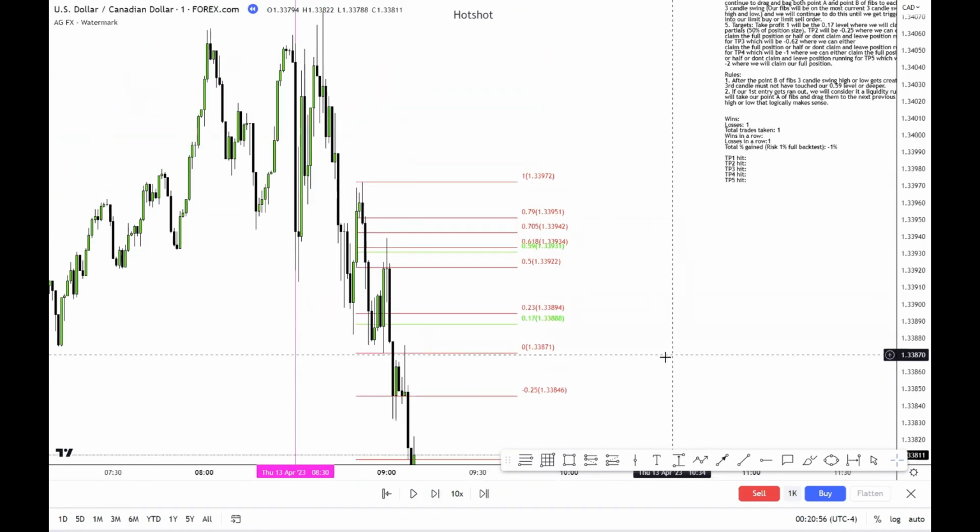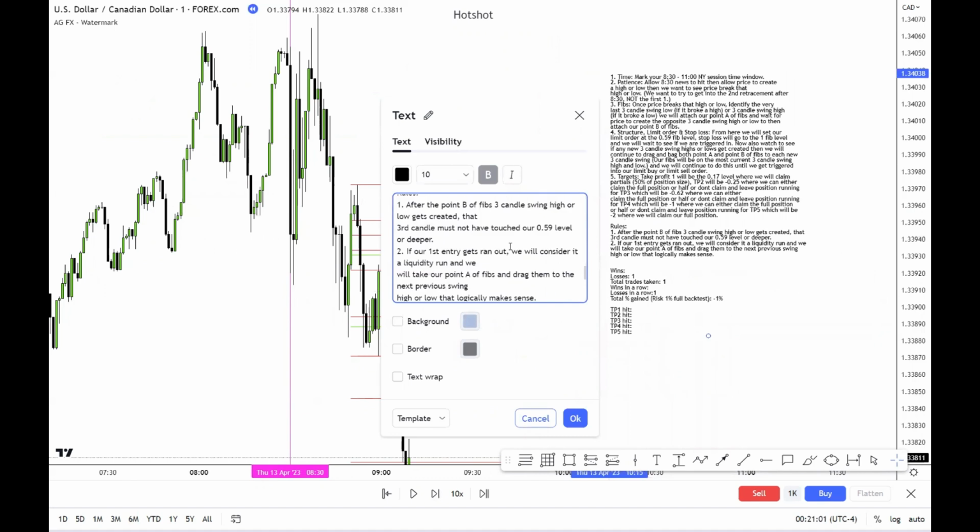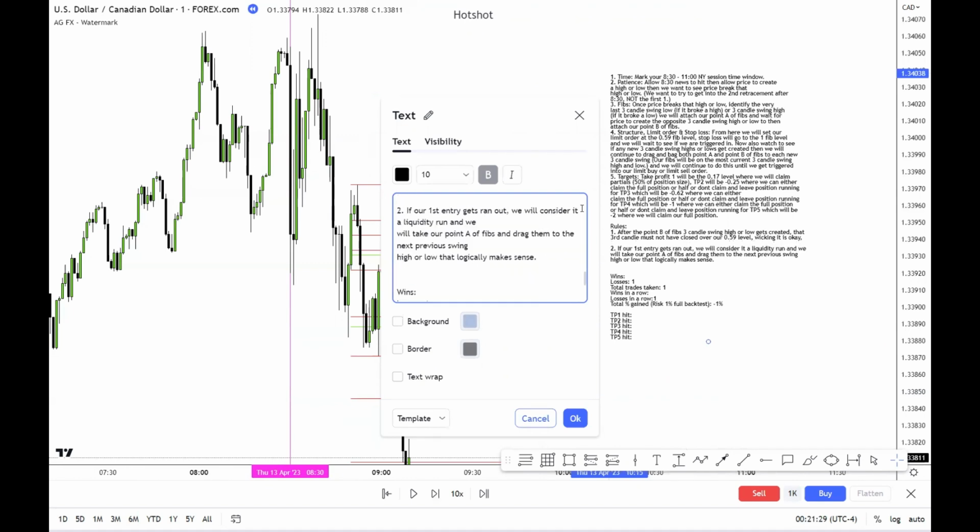All right, so maybe we can make that rule like, their candle must not have closed over. Wicking it is okay. We just place a market order.